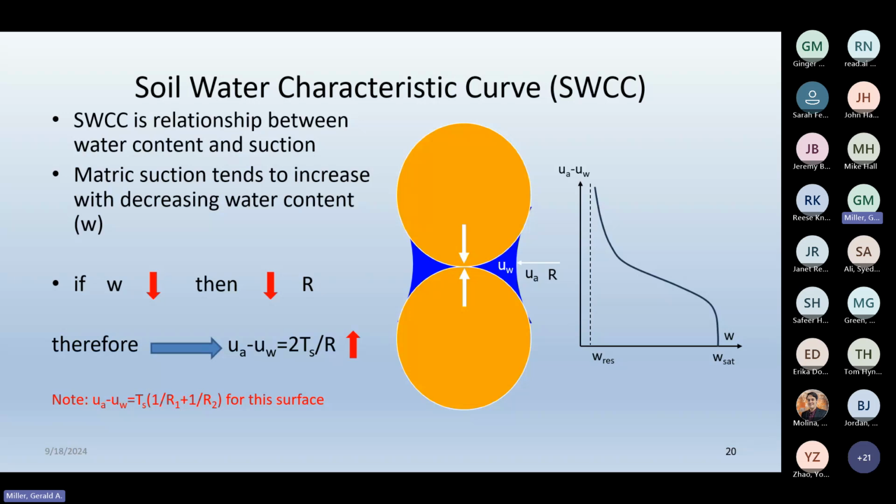But the point is, as the water content increases, no matter how you represent it, you're going to get a decrease in suction. And conversely, if the soil dries out and water content decreases, you're going to get an increase in suction. That's important to think about because in natural soils, we're concerned with the changing moisture conditions and how that's going to affect the stress state and the behavior of those soils that are supporting our structures.